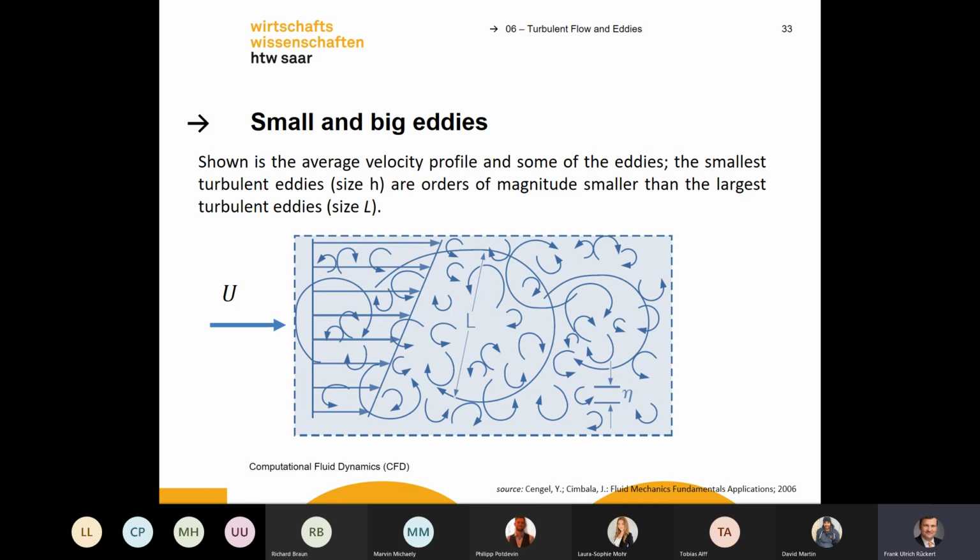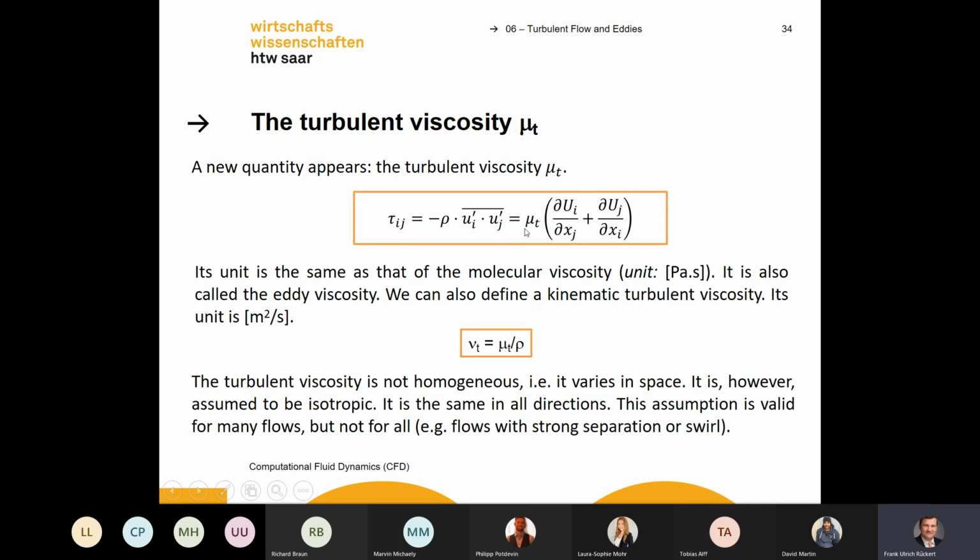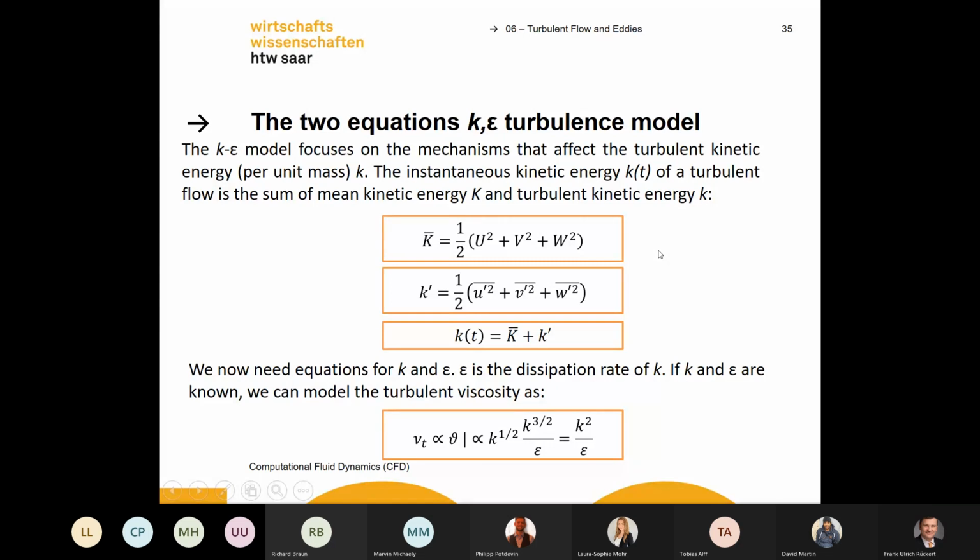It is more like honey, it is thicker. This has to be modeled, so it is modeled by a so-called turbulent viscosity.